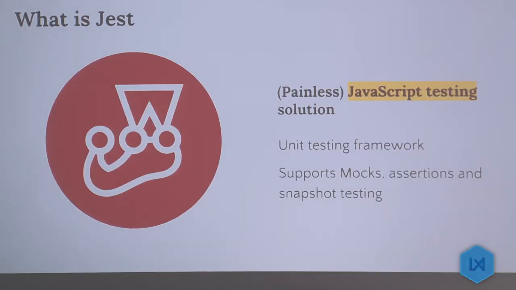And as we wanted to have a way to create tests easily, we decided to go for Jest. Jest is a full-featured unit test framework, and it has all we need in terms of mocks and assertions, and it also supports snapshot testing, which is a cool feature that we'll talk about later.